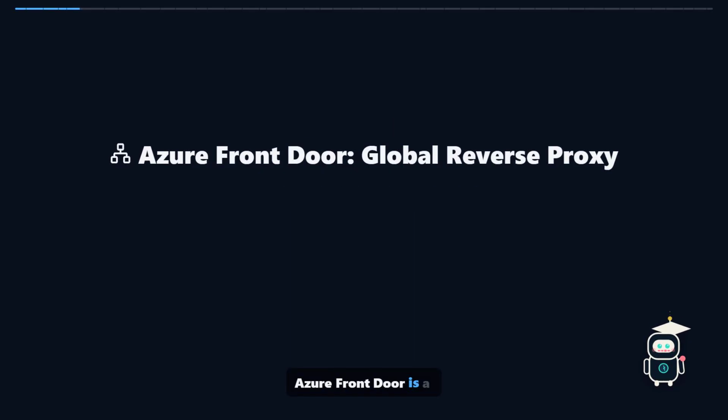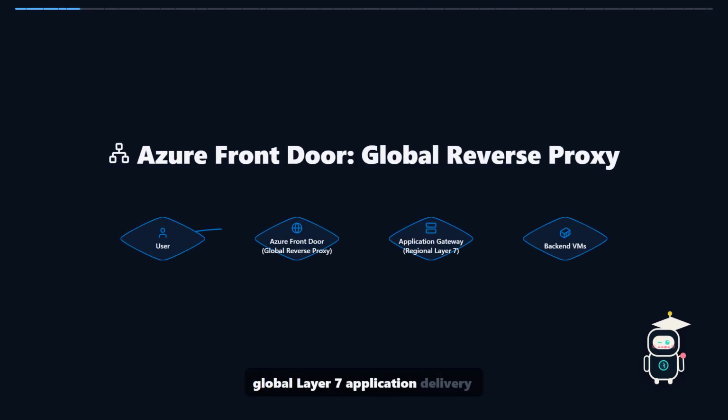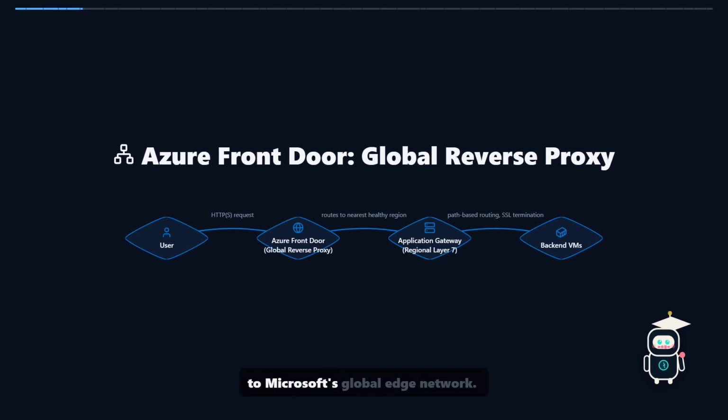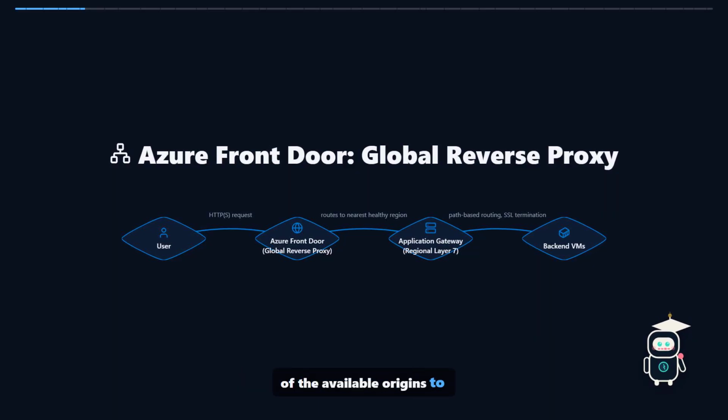Azure Front Door is a global Layer 7 application delivery service and reverse proxy. Instead of users connecting directly to one application region, they connect to Microsoft's global edge network. Front Door then evaluates your routing configuration and the health of the available origins to determine where requests should go.